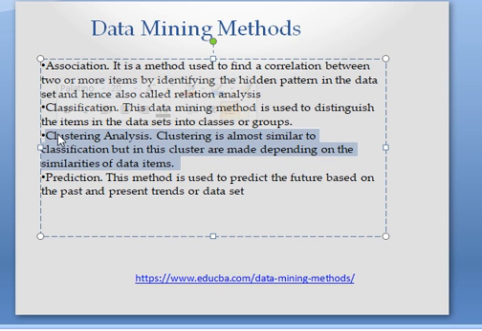Clustering is similar to classification, but it depends on the similarity of the data items. So there are no class labels. We just roughly group them together. For example, on the map, you can say this area, that area. So it's more dependent on distance, this city, that city.